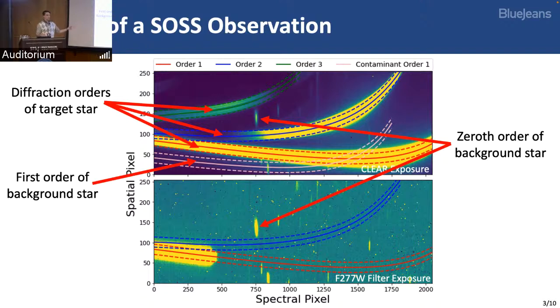This is where the F277W exposure can be really invaluable, because we can pick out order 0s that fall within our extraction box. I'm showing in the dotted lines the extraction boxes that we're using for each of the orders. For example, right now I'm showing blown up an order 0 that's falling within the extraction box of order 1, and it's going to contaminate our stellar spectrum and end up causing some dilution in our final transmission spectrum.